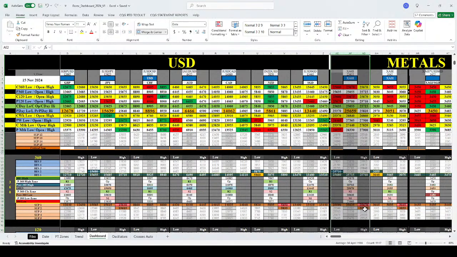If the 64 breaks, then we should see the price moving towards 2559 half. We have already given a signal at 2573 half.